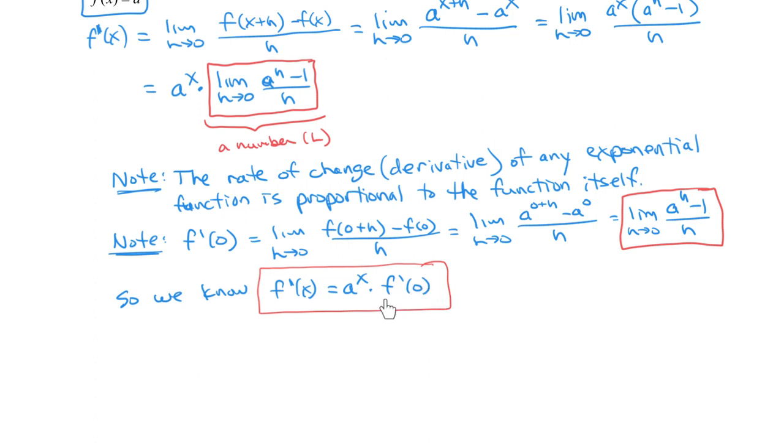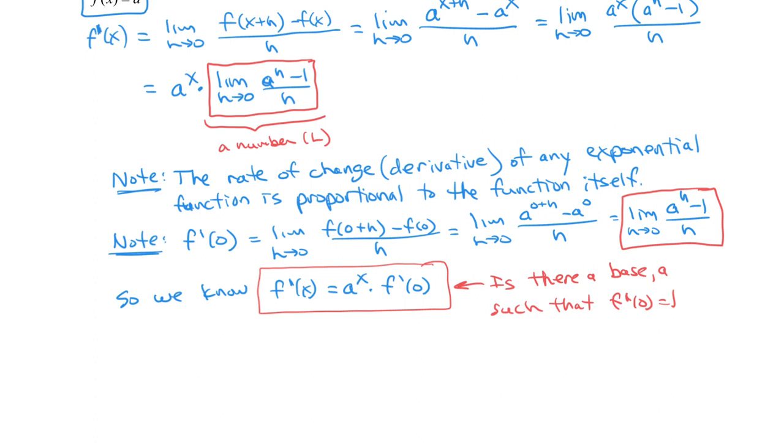So what we're looking for, we want to find, is there a base a such that f prime of 0 equals 1? Because that would mean you take the derivative of a to the x, you just get a to the x, right, if this is 1. So that is the question. We want to see, is there a base a such that f prime of 0 equals 1.